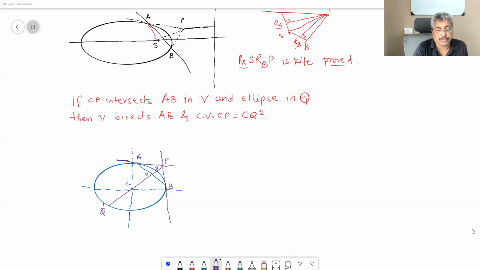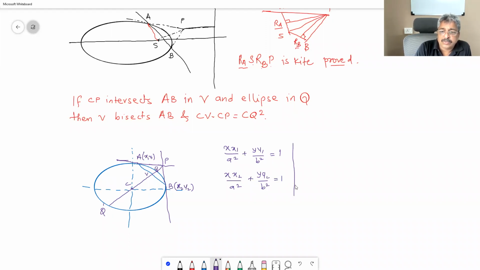Now suppose the coordinates of A are x1, y1 and the coordinates of B are x2, y2. Then the tangent at A is x1 upon A square plus y1 upon B square is equal to 1. The tangent at B is x2 upon A square plus y2 upon B square is equal to 1. These two lines intersect at P, with x coordinate x dash.